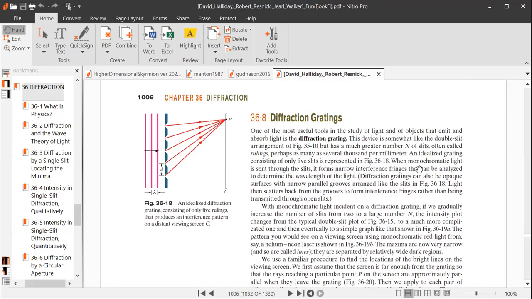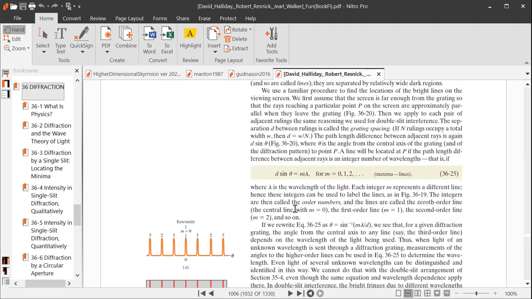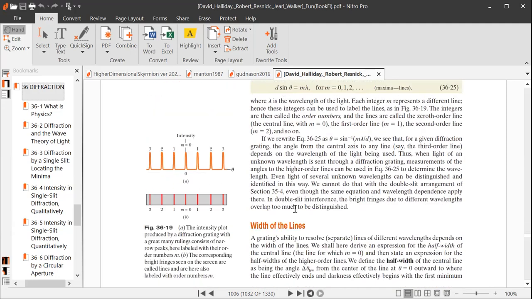So about diffraction grating. Gratings means we have N slits, and slit and slit, so many slits here, and each slit has a distance d. Because we have N slits, for example more than 10, the picture of the interference diffraction will be like this.